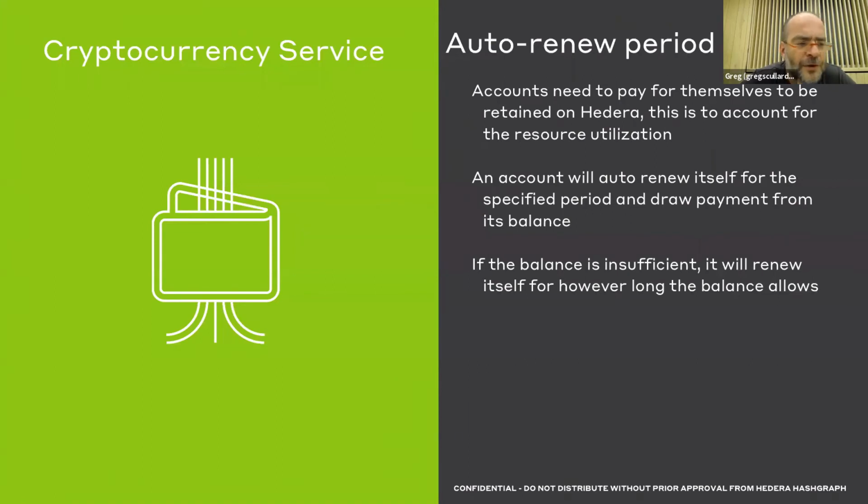And then 3 months on, when it comes to expiry, if funds have been added to the account, it will renew itself again. So it won't disappear. But on the other hand, if there are no funds and it can't renew itself, then it will delete itself and will be marked as deleted and will eventually disappear from the network altogether.